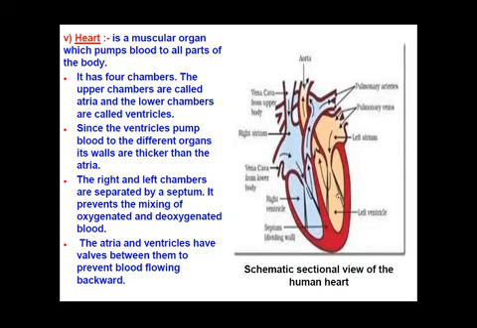Once blood enters from the left atrium to the left ventricle, it should not go back to the left atrium, and the presence of these valves prevents this backflow.